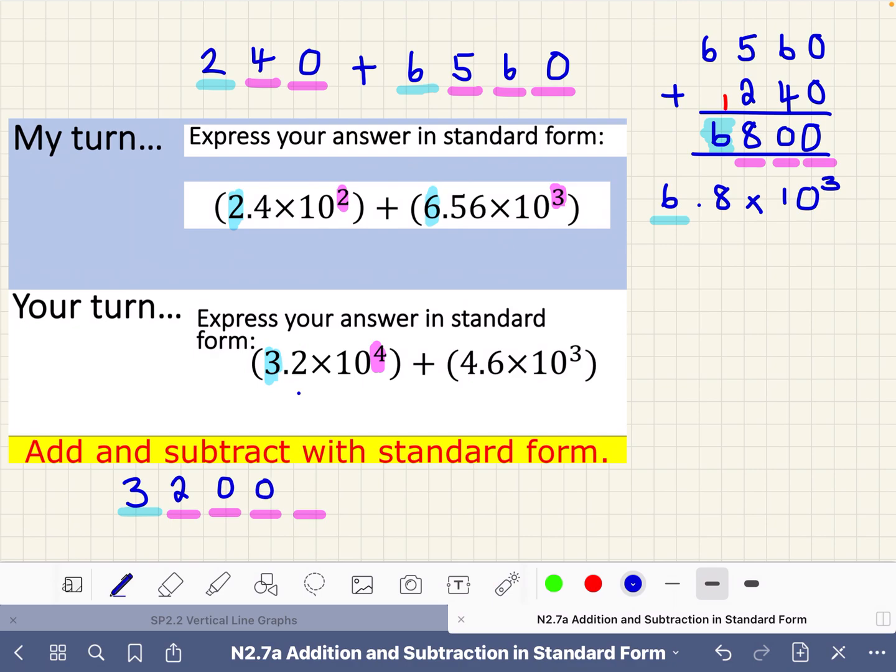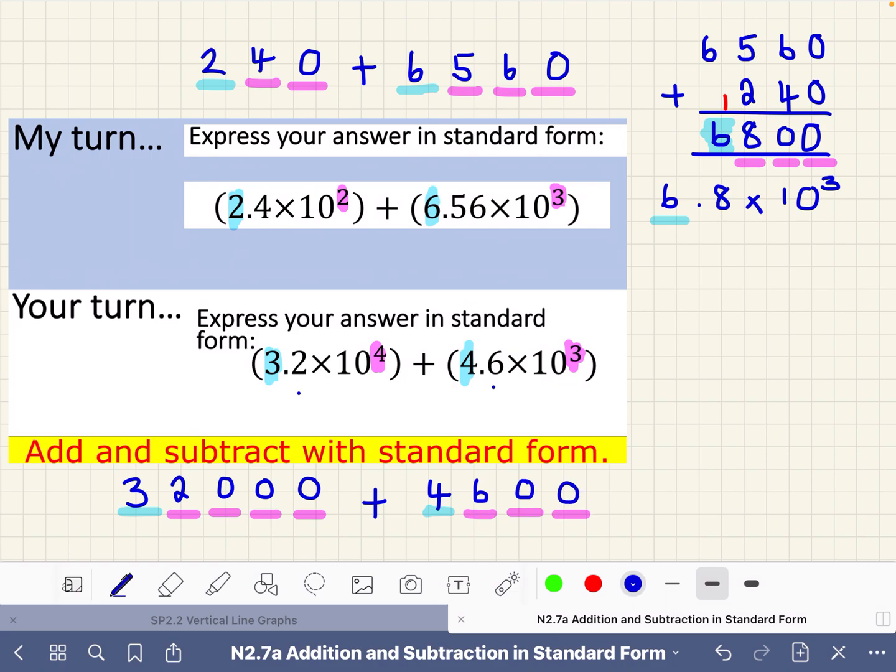1, 2, 3. We are looking to add. This number is going to begin with a 4. And the power of 3 tells us there are 1, 2, 3 spaces after that first number. 6 fills one of those spaces, with the remaining spaces filled with zeros.